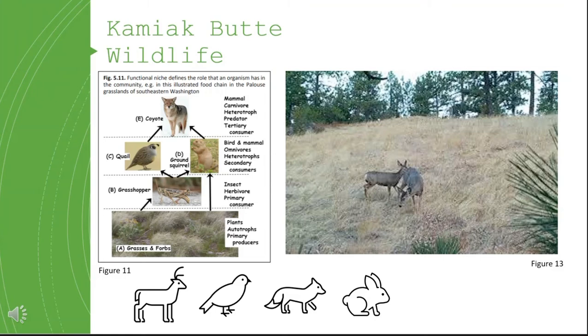These 2 animals are considered to be secondary consumers, and they feed on the primary producers and primary consumers. These kind of animals are known as omnivores. Above the quail and the ground squirrel is the coyote, and they are tertiary consumers, which primarily eats the small animals, and this would be categorized as a carnivore.